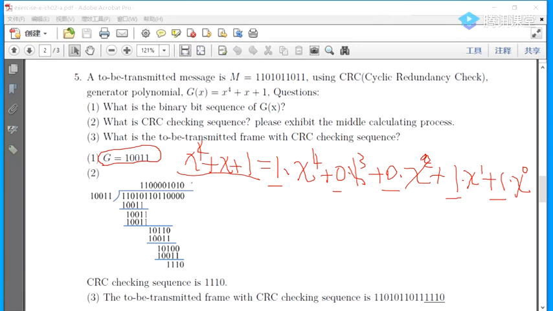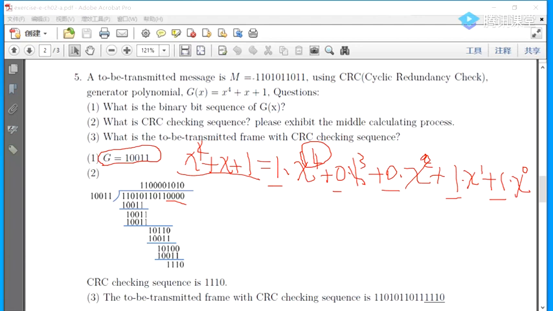Since the highest order is x^4, the number of bits of the CRC is 4. We should append 4 zeros at the end of the original message.